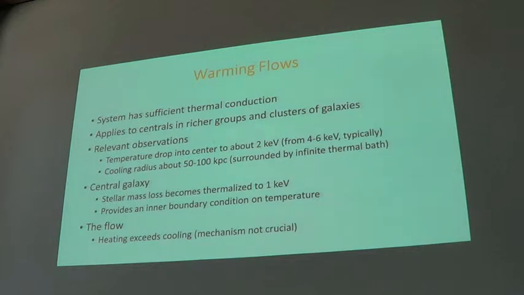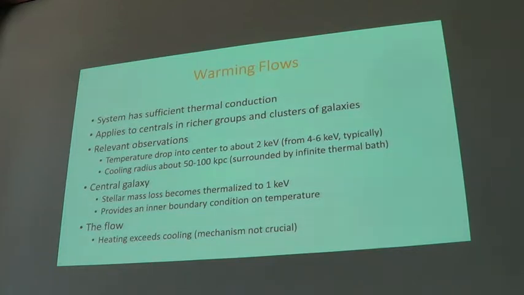The cooling radius, within which you have to worry about things cooling, is typically 50 to 100 kiloparsecs. There is the central galaxy, and there's stellar mass loss. It thermalizes itself to about a kilovolt in these galaxies, and this provides essentially an inner boundary condition on the temperature.